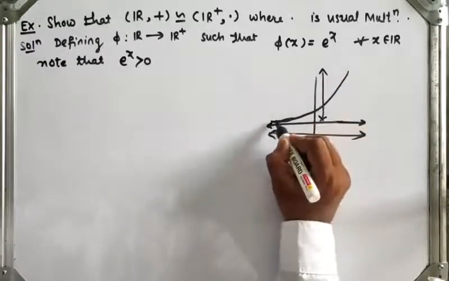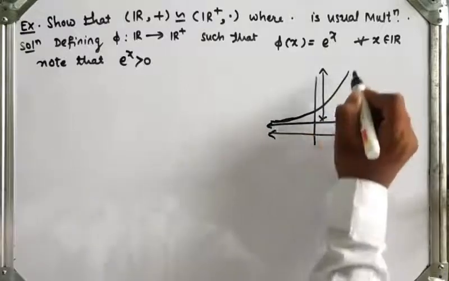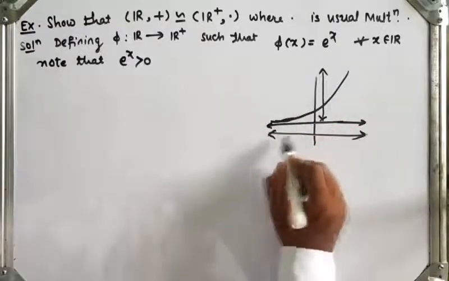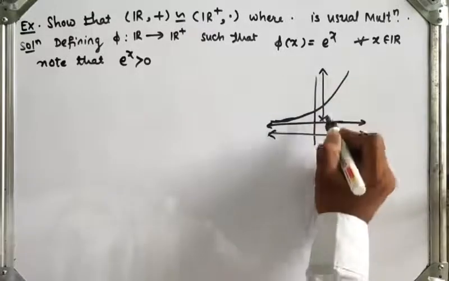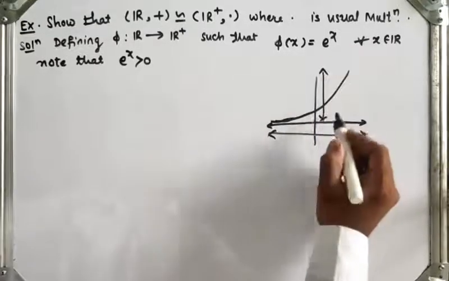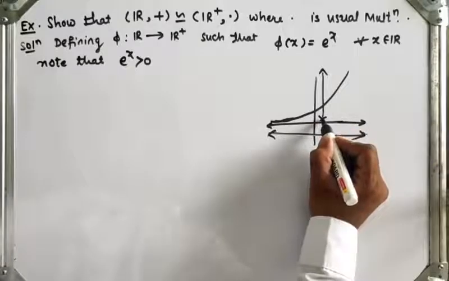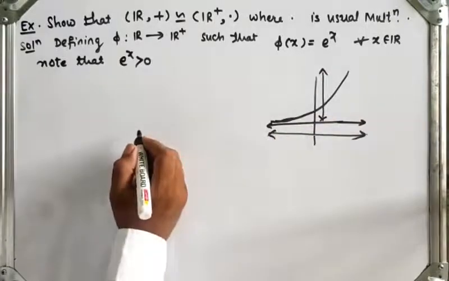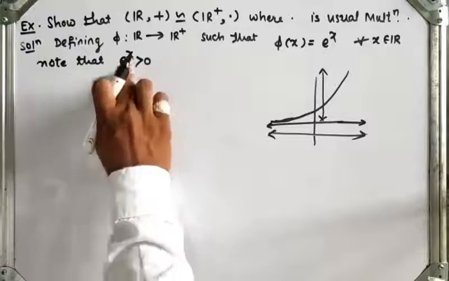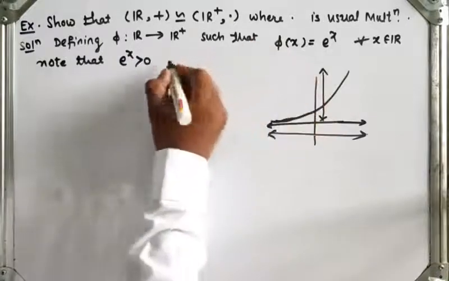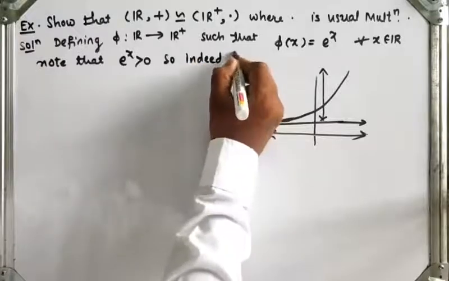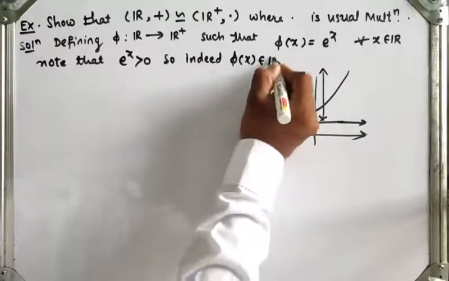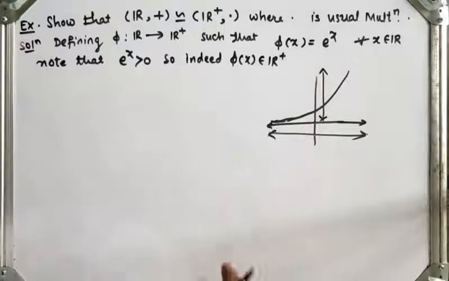So here is e raised to x, this is the graph of the exponential function and this is the domain of that function, the real numbers R, and the codomain, the range of our function, is the positive real numbers. So e raised to x is greater than 0, and e raised to x means phi of x. So indeed phi of x belongs to the positive real numbers.